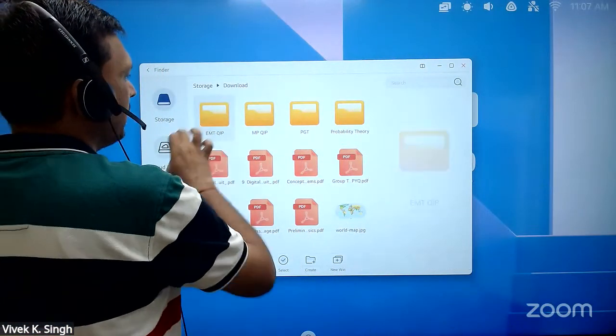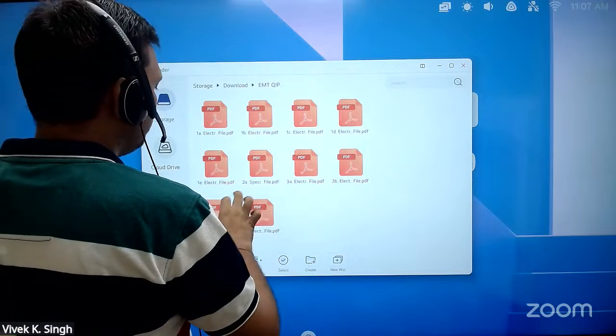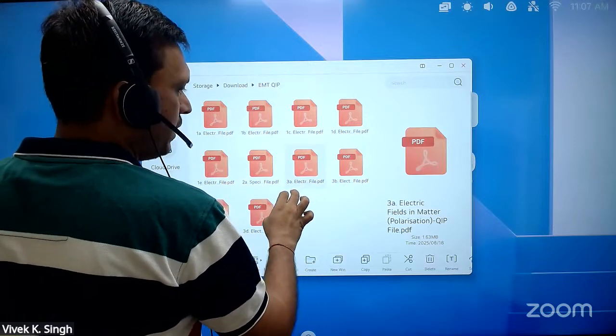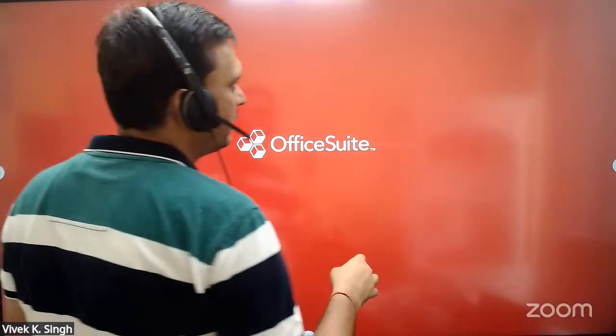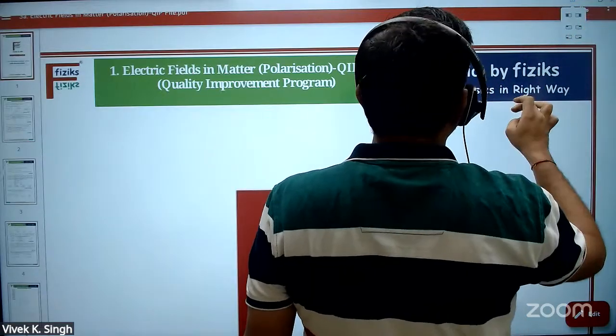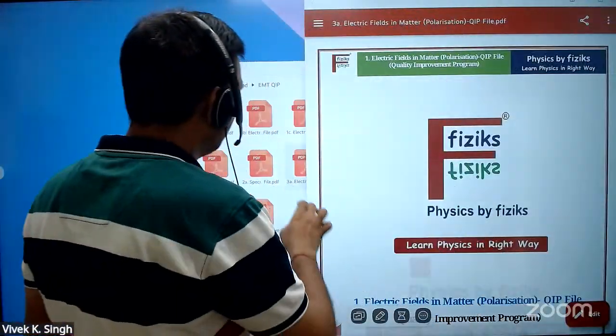So we were taking questions from this file, polarization, electric dipole and polarization.